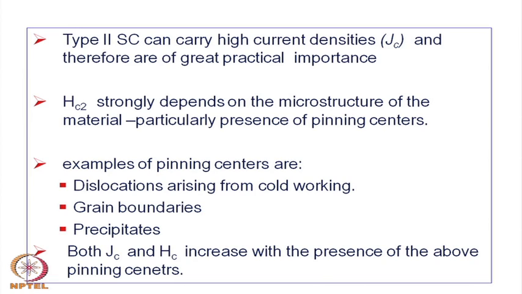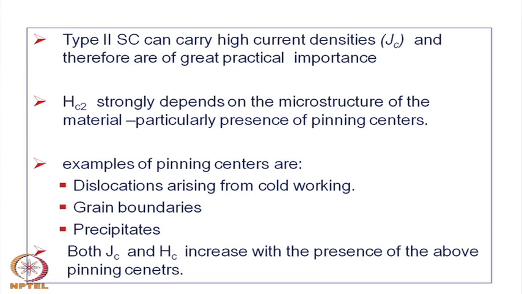Hc2, that is the second or the high field critical magnetic field, strongly depends on the microstructure of the material. So, it is not the intrinsic property of the material, one can play with it from the way the material is prepared and how the material is processed and so on.